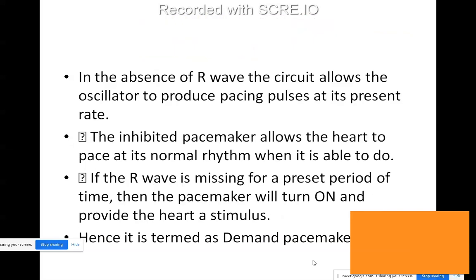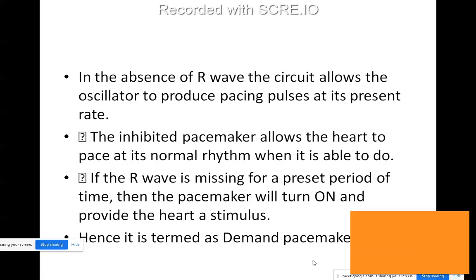In the absence of the R waveform, the pacemaker oscillator will produce the pulse at the preset rate. An inhibited pacemaker will allow the heart to pace at its normal rhythm when it is able to. If the R wave is missing for a preset period of time, then the pacemaker will turn on and provide the heart a stimulus. Hence, it is termed a demand pacemaker.